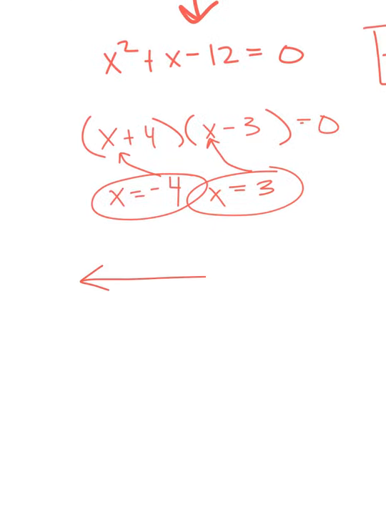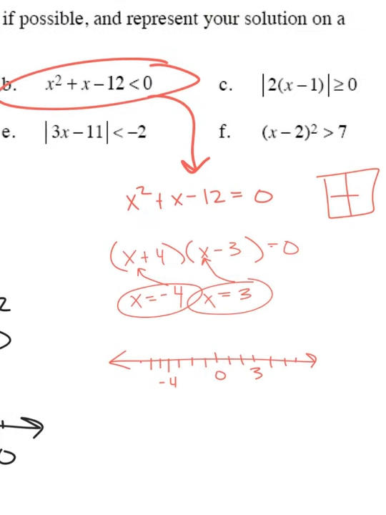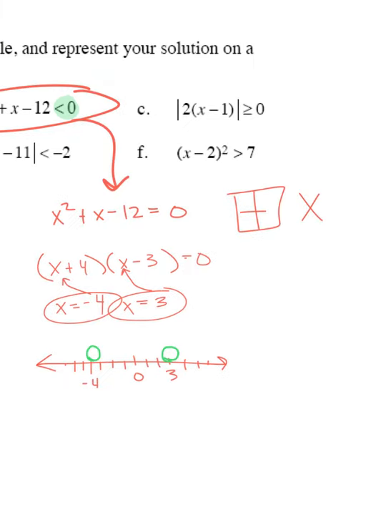So we make our number line. 0, 1, 2, 3, -4. Ours was strictly less than in the original, so we'll have open circles. But a parabola is a U-shaped graph.